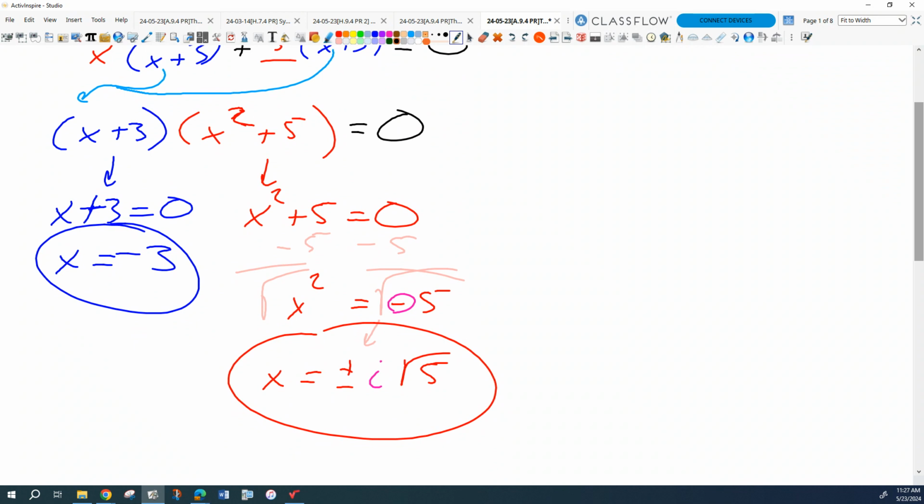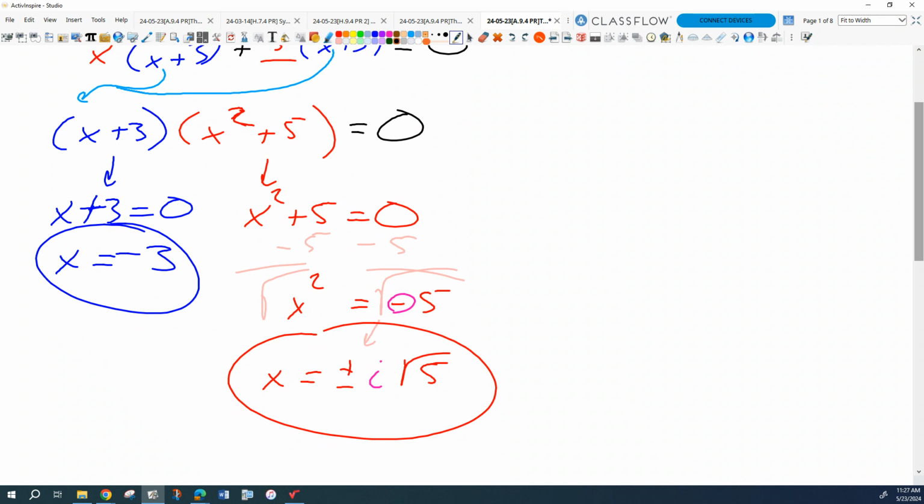We just needed to find the zeros of the blue factor and the red factor, right? And we found them. -3 was the 0 of the blue factor because -3 is the number that makes that factor equal 0. The two numbers that made the red factor equal 0 were plus or minus i times the square root of 5. So those were the zeros.